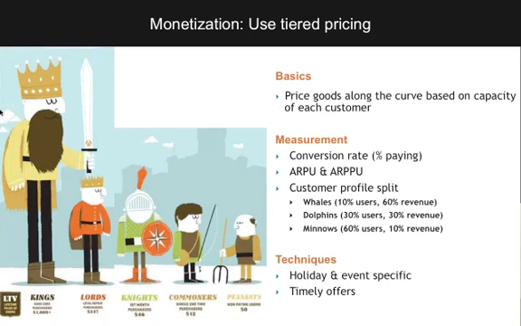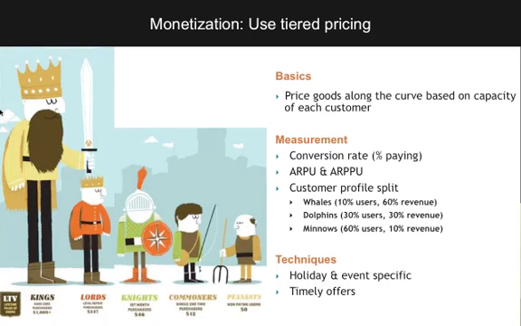In the graph, we're showing how users go from peasants, who are completely non-paying users, to kings, who are hardcore purchasers. The industry usually segments users as minnows, dolphins, and whales.